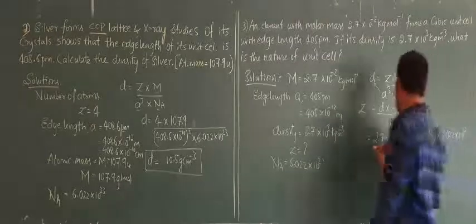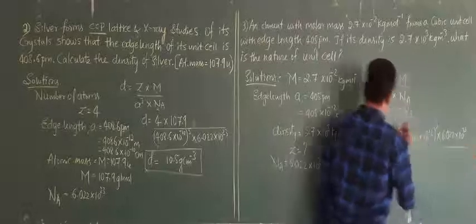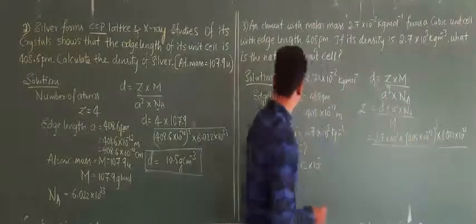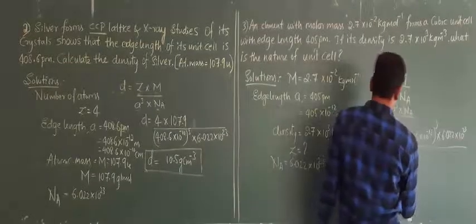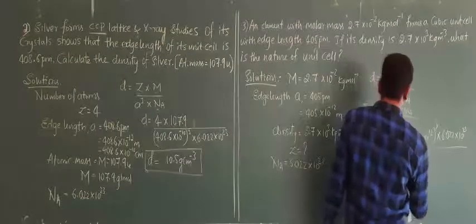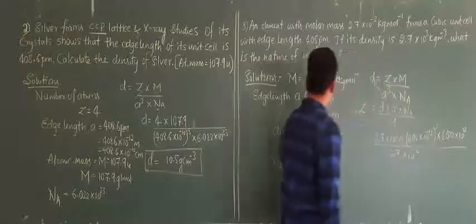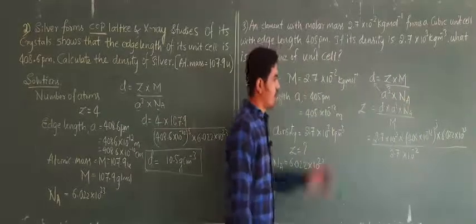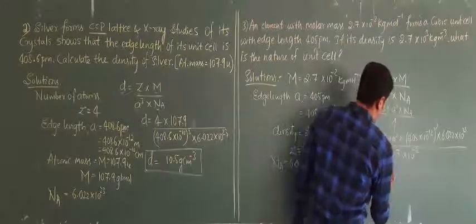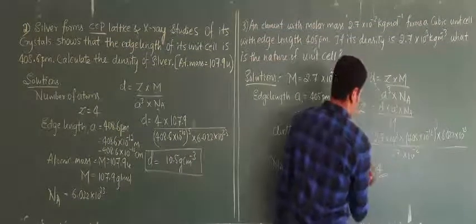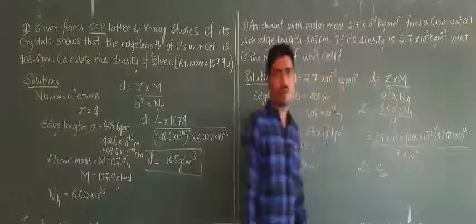Whole divided by M. M is 2.7 into 10 raised to minus 2. Okay. Now on simplification, you will get the value 4. So Z is equal to 4.